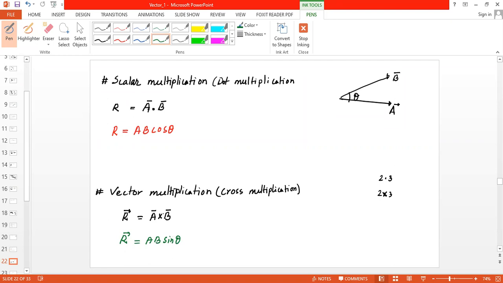This is not a vector. In order to write it in vector notation, we need to multiply these things by a unit vector. So we multiply it with a unit vector, let's say n.